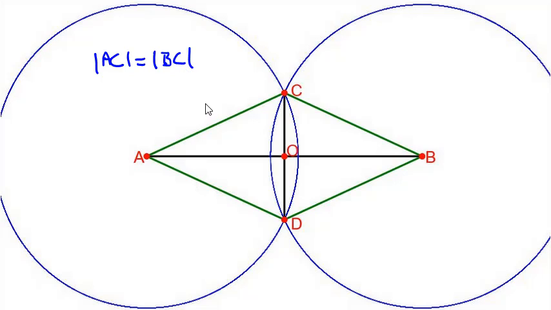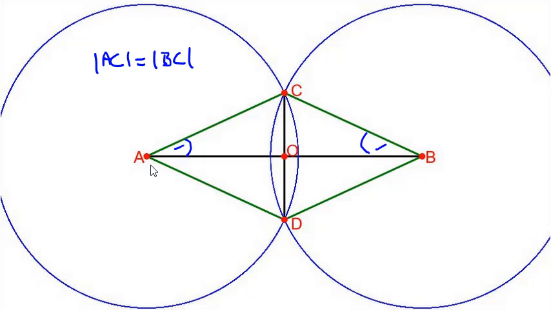And so this means our triangle ACB is an isosceles triangle, which tells us that the angle CAB, which is this angle here, is the same size as the angle CBA, which is this angle here.